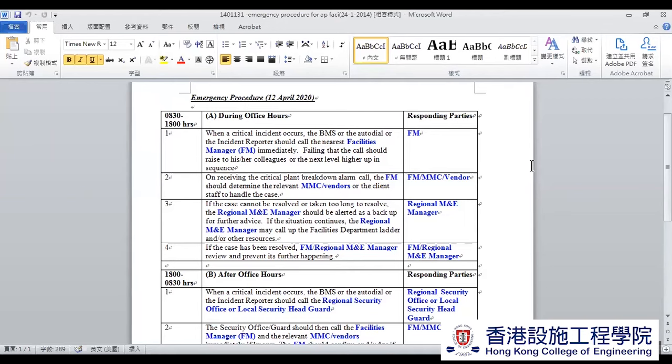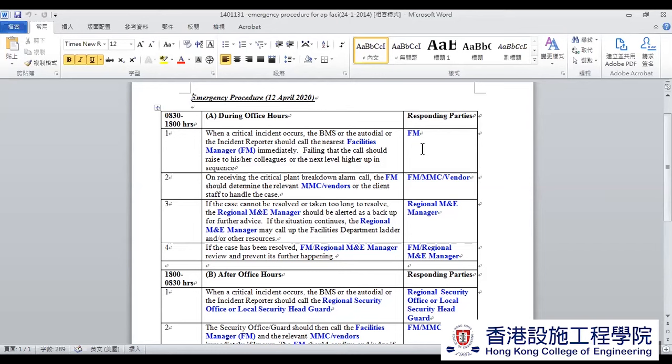So the first thing is to call the nearest facility manager. Why is it the nearest facility manager? Well, in some cases, there are a lot of data centers run by your company, so the nearest manager may not be at the same data center. So the first thing is call the nearest facility manager. Failing that, you may want to call his or her colleague on the next level up in the sequence. But the responding party is the facility manager, of course.